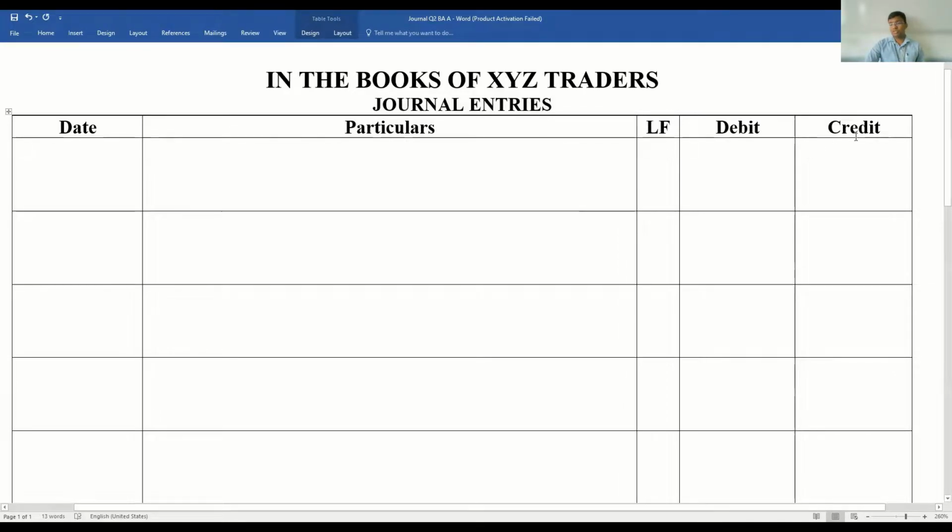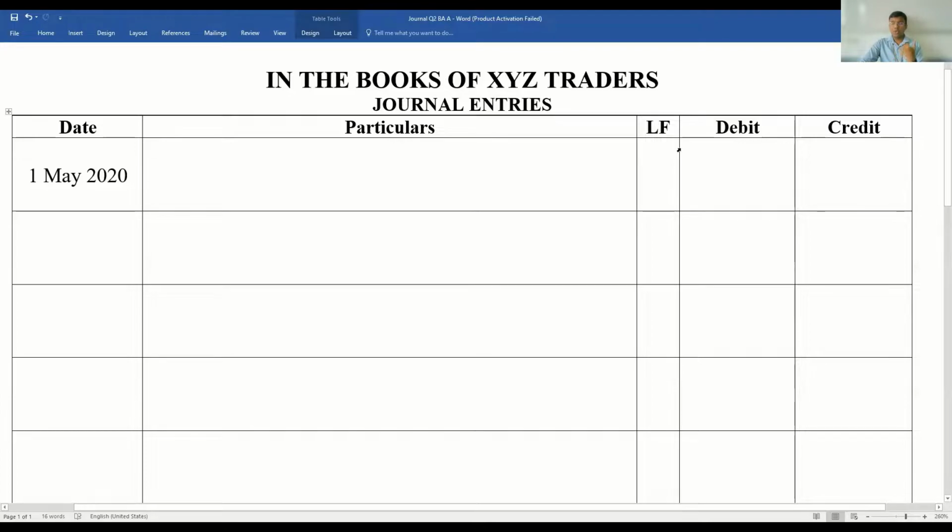So at the time of posting transactions, that is when this would come in handy. Now let's start off. First transaction is on 1st of May 2020. So what is the transaction on 1st of May 2020? Started business with cash. When you start a business with cash, what is happening to cash?